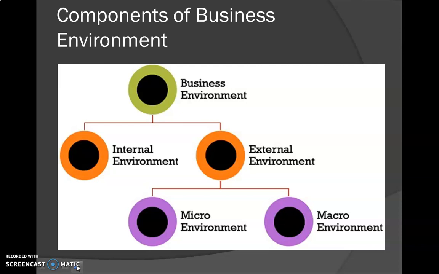That is, all the factors which are inside the business is called internal environment. External environment includes those factors which are outside the business. This external environment can be further classified as micro environment and macro environment.